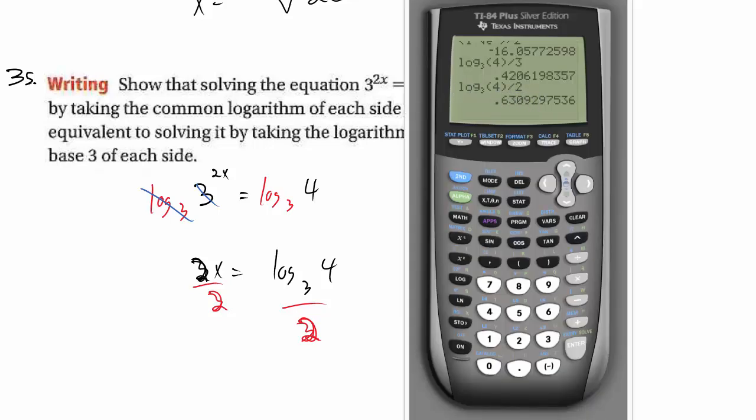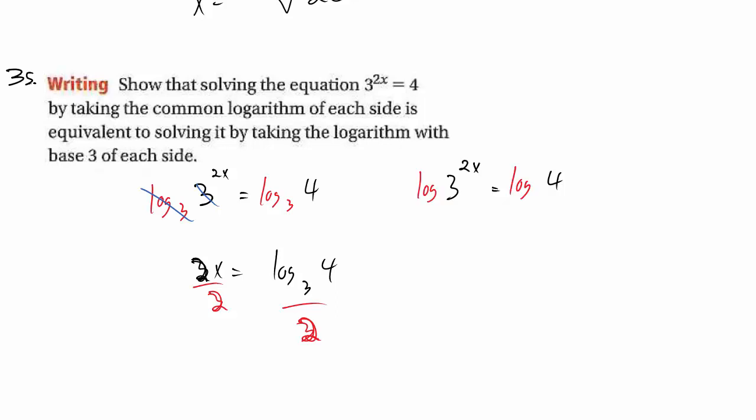If you use common logs, which is log base 10, they don't cancel out like this, because the base of this is 10, the base of this is 3. They don't cancel out that way, but you can still use the power rule. And so you get 2x times log of 3 equals log of 4. And then we do something kind of similar.